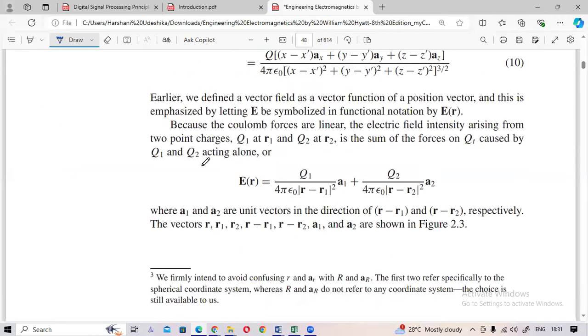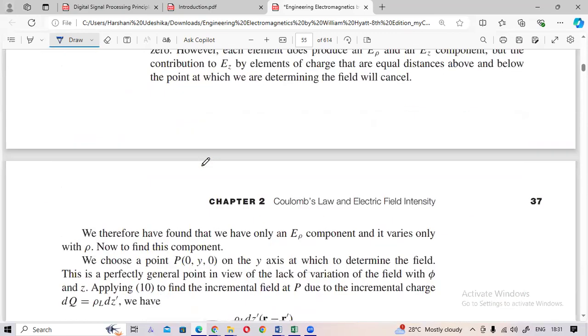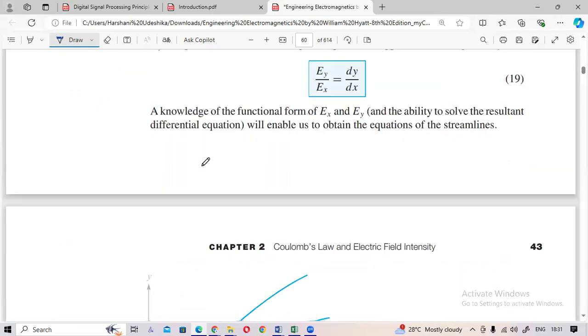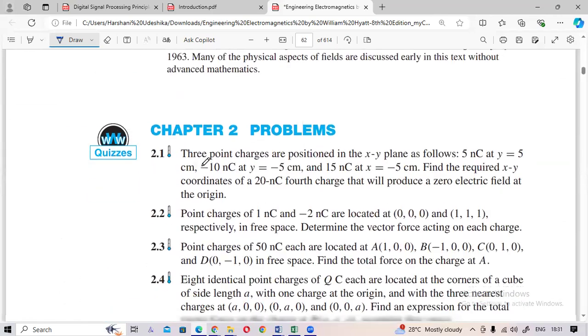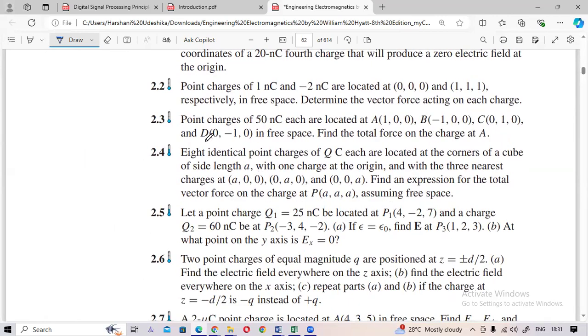So we will go to, yeah, maybe here. So maybe we try to do this one.